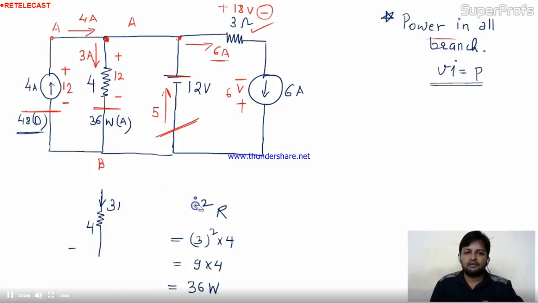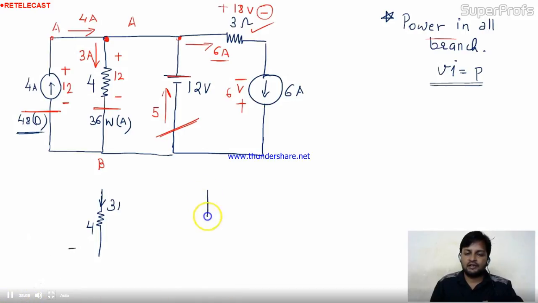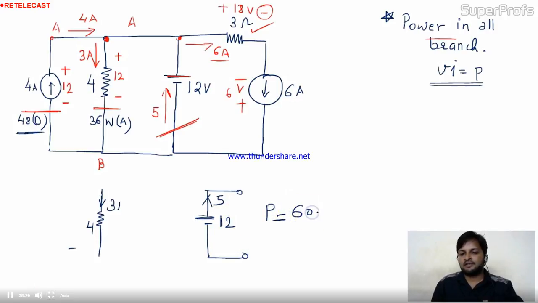Now come to the next. Come to the independent voltage source now. The independent source is given like this. The value of this is 12 volt and the current in this branch is given as 5. So again the calculation of power is easy. 12 5s are 60 watt.